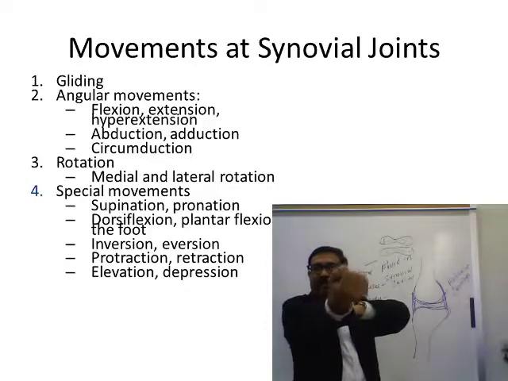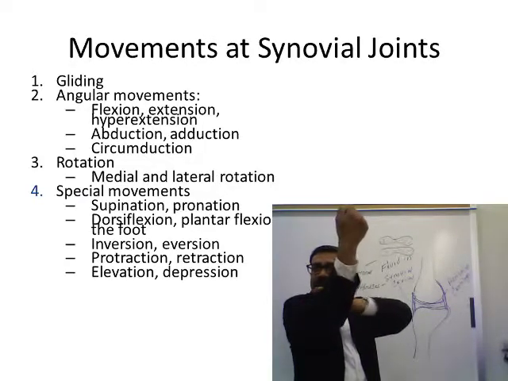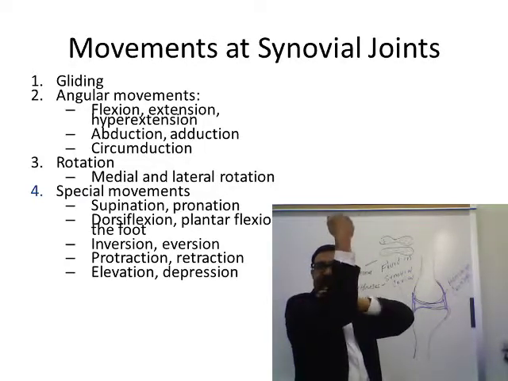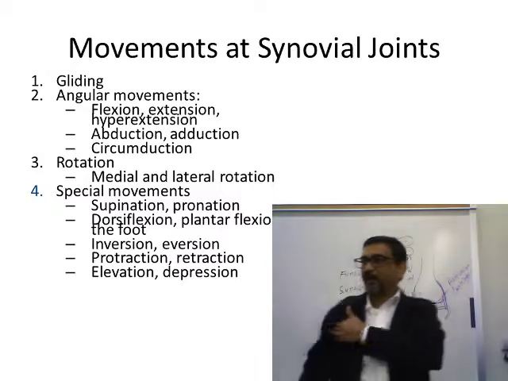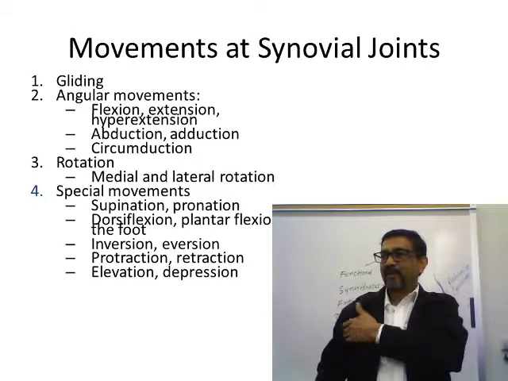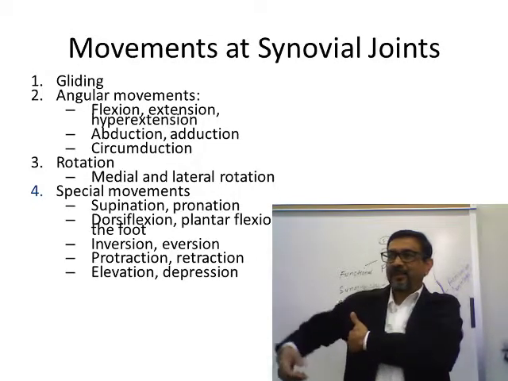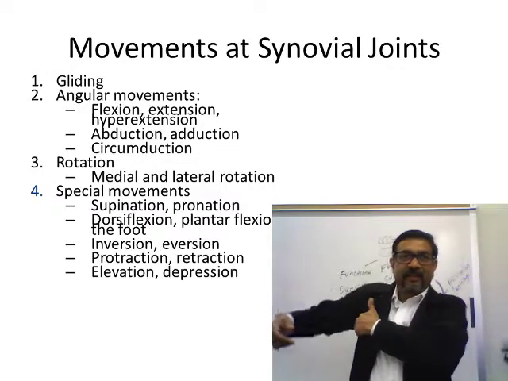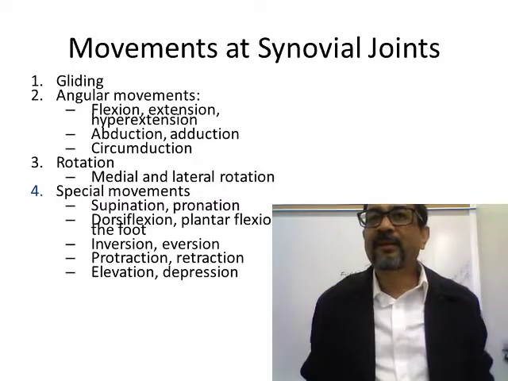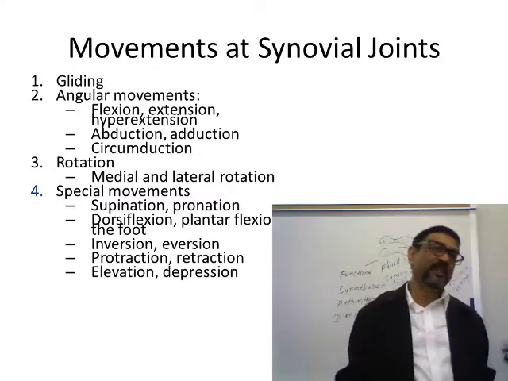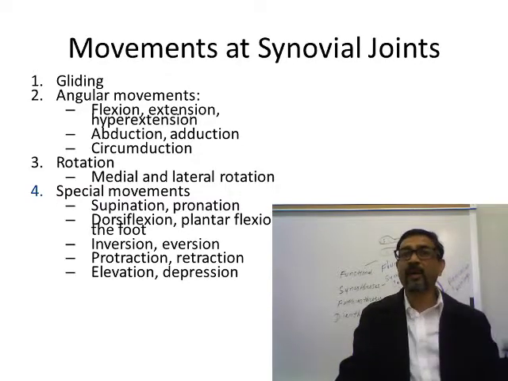Now if I flex my forearm, the size is getting smaller or bigger here? Smaller, right? It is now greater. Smaller, right? Now look at my shoulder. Look at this angle here. Getting bigger, right? Getting smaller. Make sense? So the angle, the size of the angle changes. That's why called angular movement.